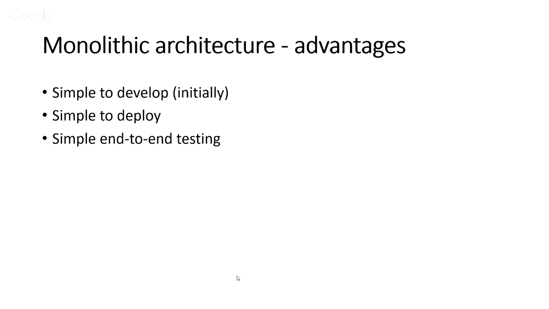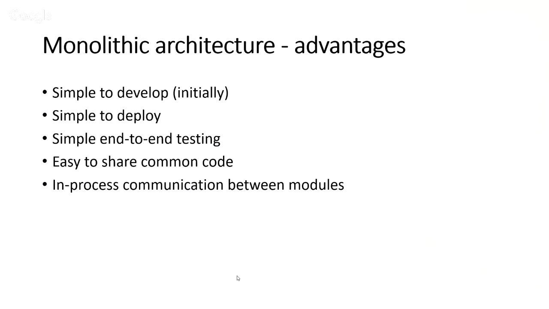And it's easier to do end-to-end testing since you deploy one piece. End-to-end testing is on that one piece, so it might be quite easy compared to microservices, as we will see later on. It's easy to share common code, which doesn't always have to be good practice, but sometimes it is, and sometimes it's very convenient and saves a lot of work because you have one source code base, you can share the common code.